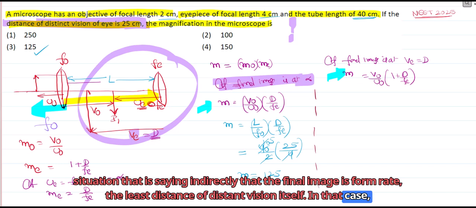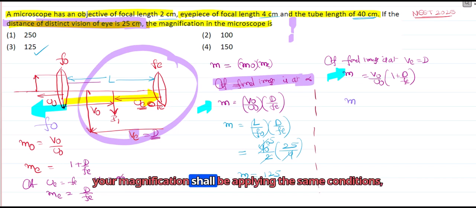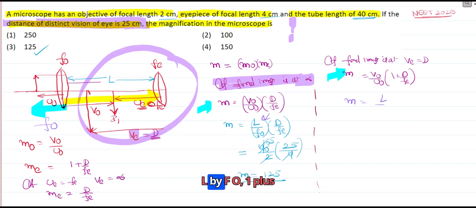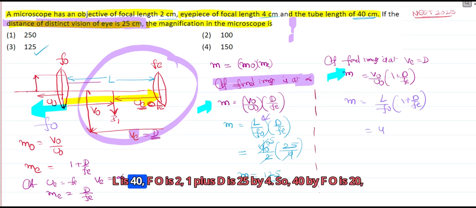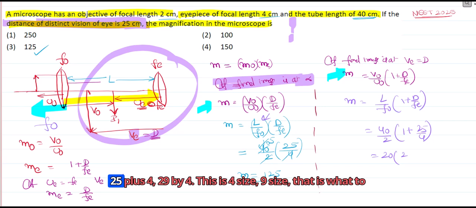In that case, the magnification, applying the same conditions, is L by FO times 1 plus D by FE. Same data: L is 40, FO is 2, 1 plus D by FE is 1 plus 25 by 4. So 40 by 2 is 20, 25 plus 4 is 29 by 4, and 5 nines are 45.